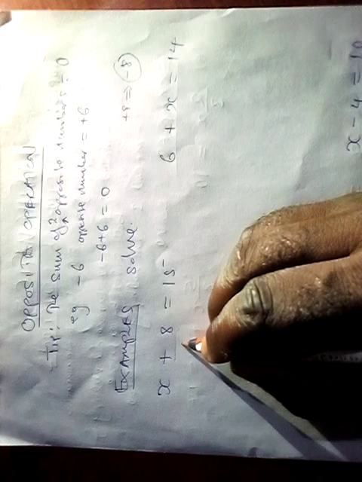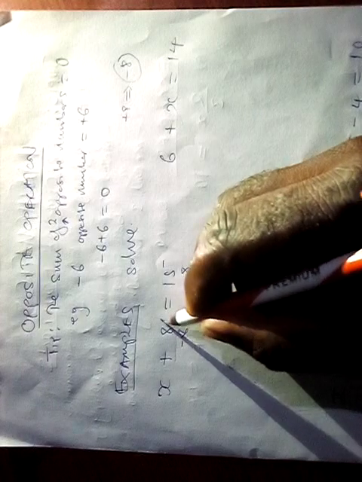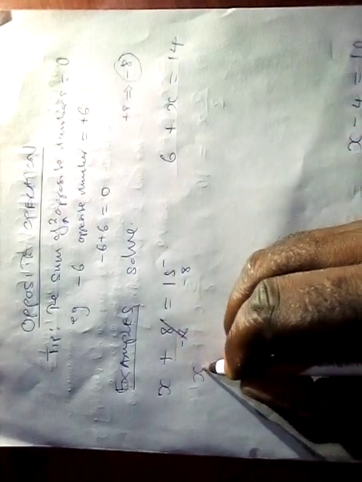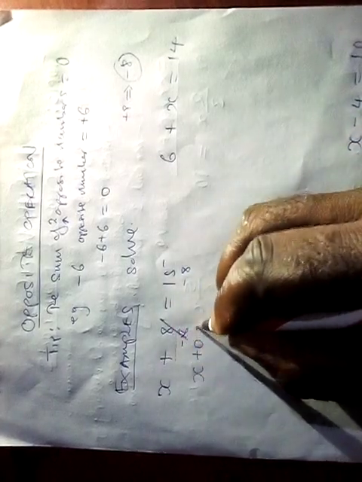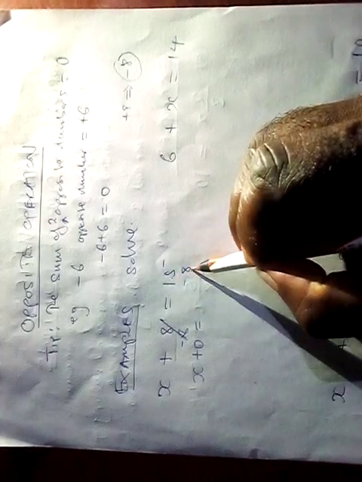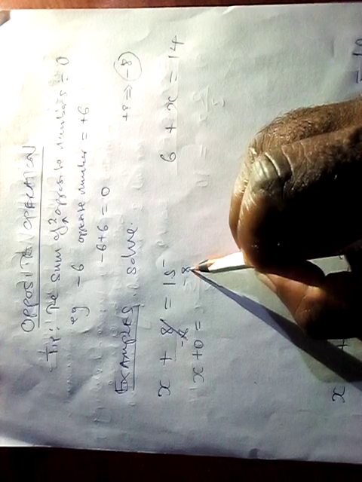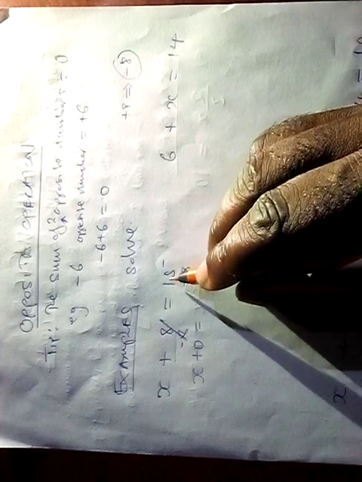So here, this is -8, also here -8. So you subtract, 8 minus 8 is 0. So this cancels. This has become 0. It's the same as x + 0 = 15 - 8, that is 7.